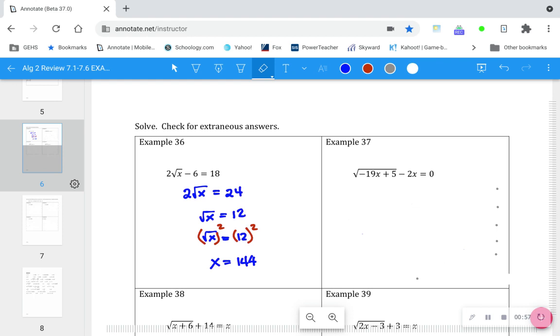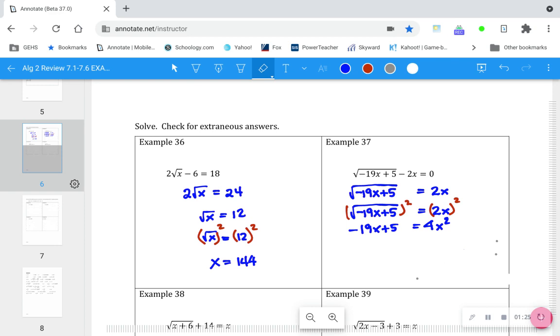Okay, example 37. First, we have to get the radical, the square root, by itself, so I'm going to take the negative 2x and take it over to the other side and add it. Then once you've done that and got the square root by itself, you square both sides, which erases the radical. A common mistake is to think that 2x when you square it is just 2x squared, but it's 2x times 2x gives 4x squared.